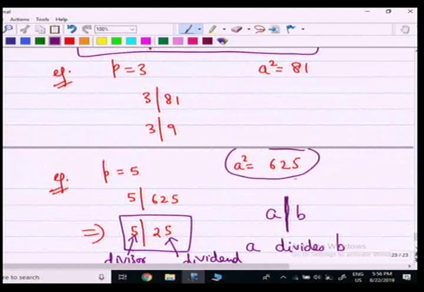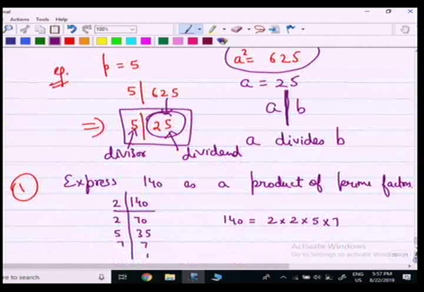If A square is 625, then A has to be 25, the square root of 625. See, this 25 is not coming by dividing 625 by 5. I have written 25 as the square root of 625.